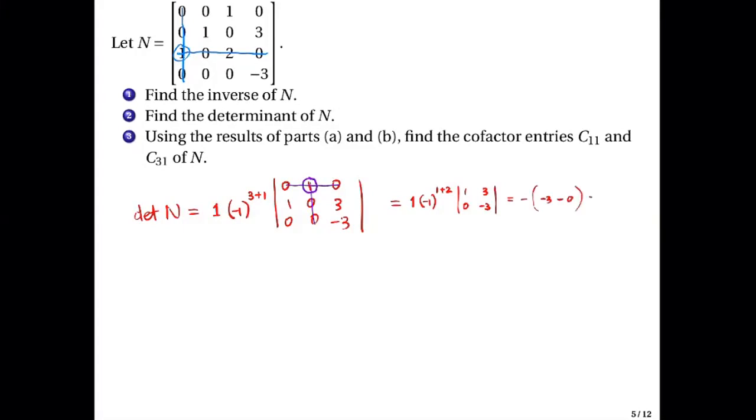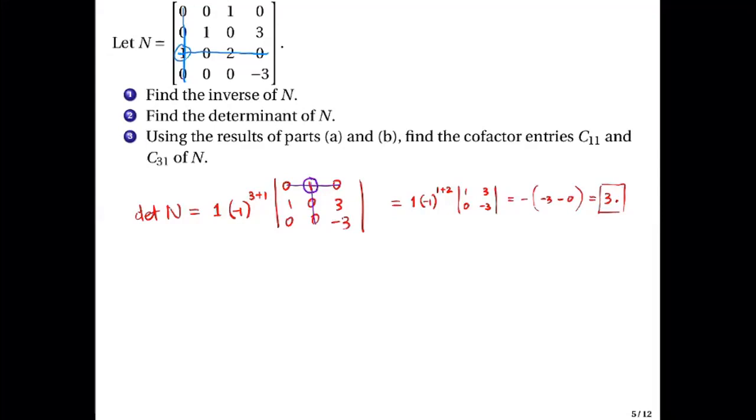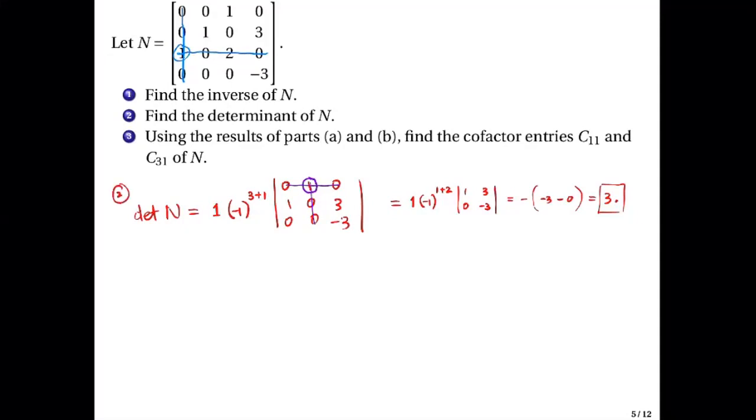So this is equal to positive 3. So this is the determinant of N. This is for your number 2.